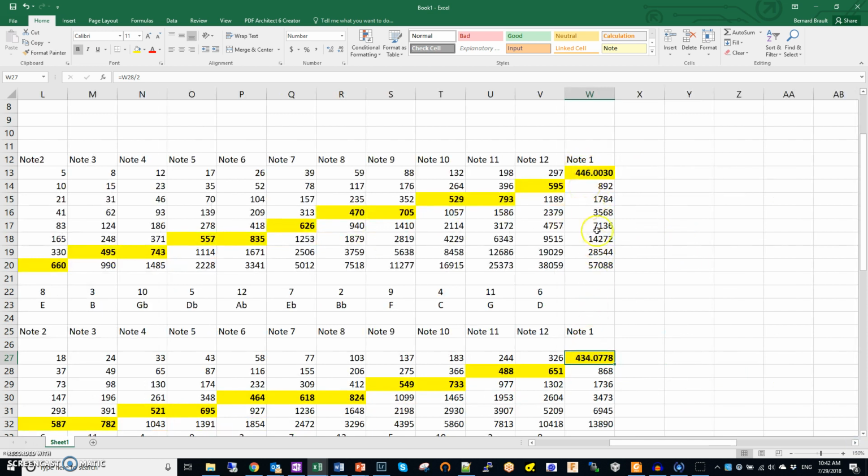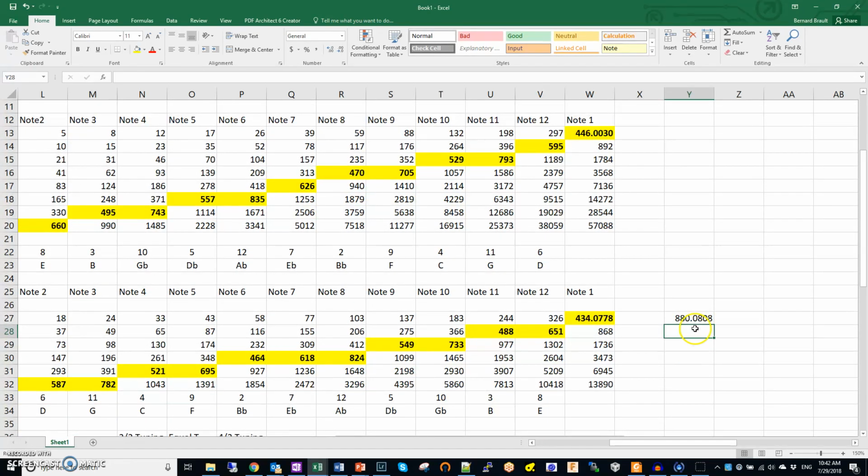What if I were to add these two and see, because this one is 6 higher, this one is 6 lower, and what would happen if I look at this frequency here and add it with that frequency right there, and I get 880 Hz. Slightly off, not exactly 880 that I would get with equal temperament, but certainly a lot closer.